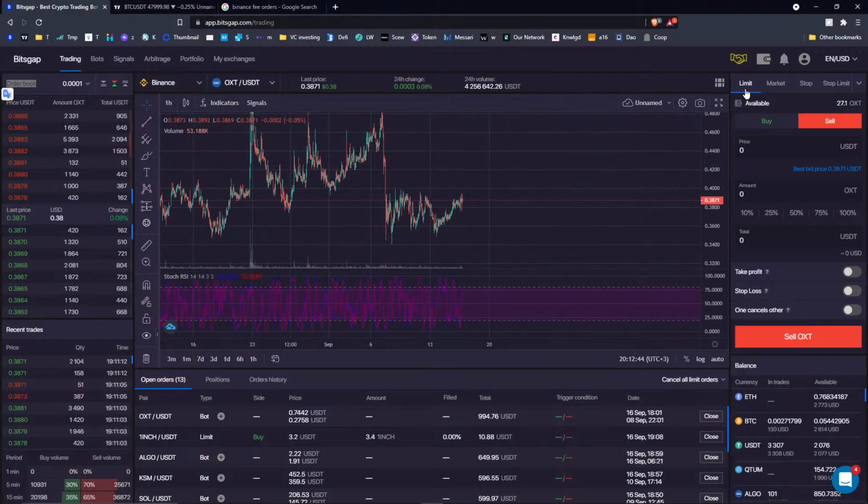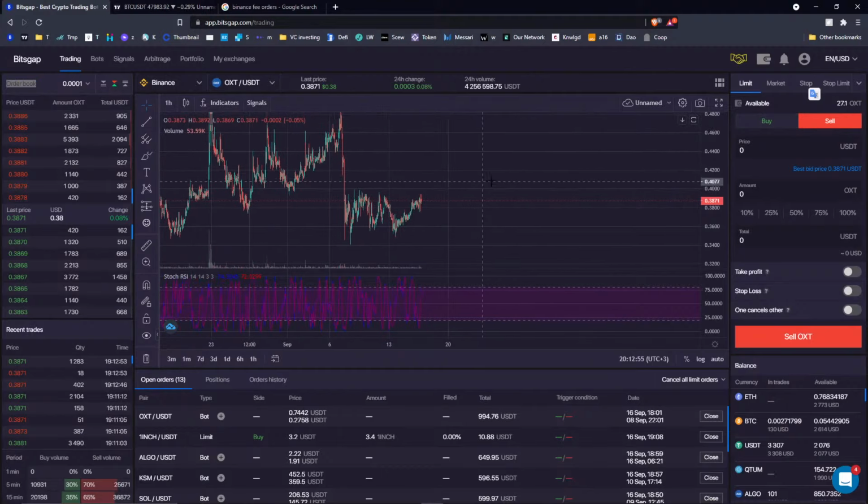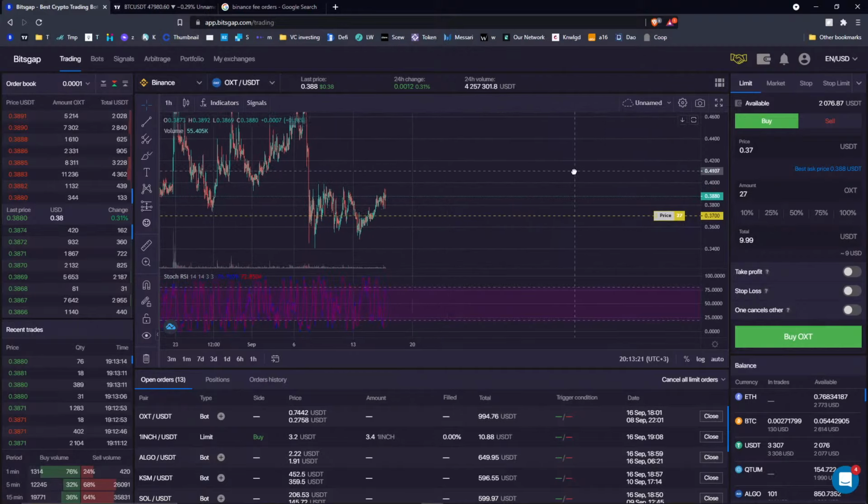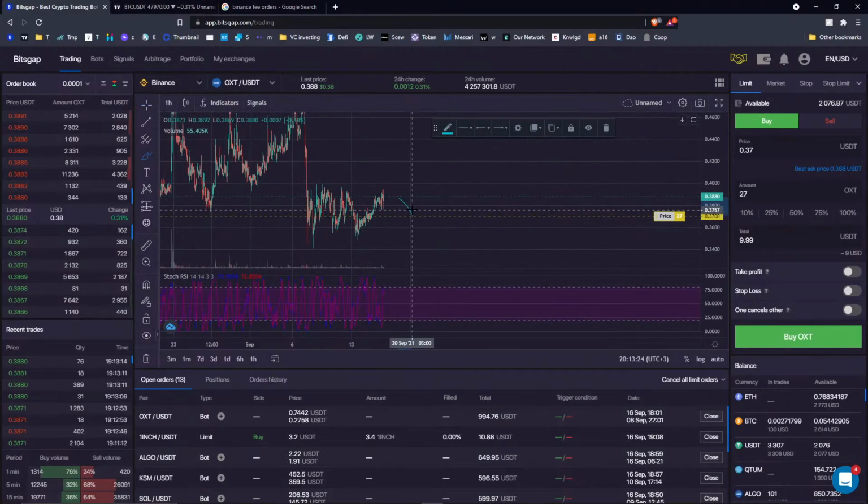So you would use a limit buy or limit sell order when you are not in a rush to enter or exit the market. You'd rather wait for the market to reach some price, and then once it reaches this price, you will enter automatically. So for example, I want to buy OXT at 0.37. It can be 10 minutes until it reaches this price, or it can be a few days, it can be even weeks. That's the thing. It's a pending order, and it's going to be triggered only once the price hits it.